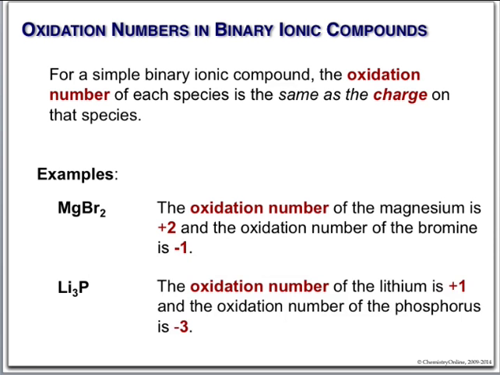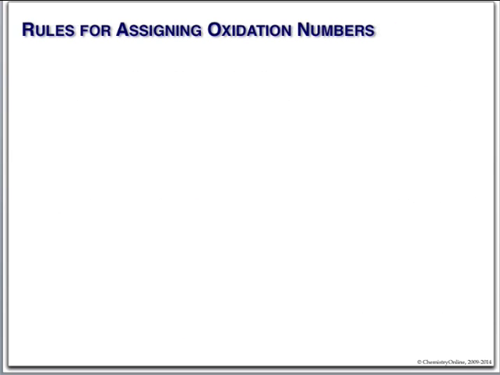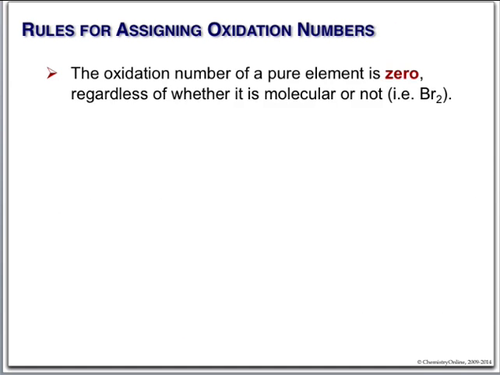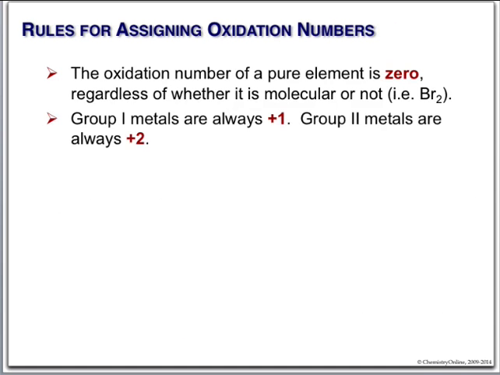Now, oxidation numbers are used in lots of areas of chemistry. We may talk about some of them later. But for right now, let's just look at the rules. And then I'll show you which rule you need to worry about.